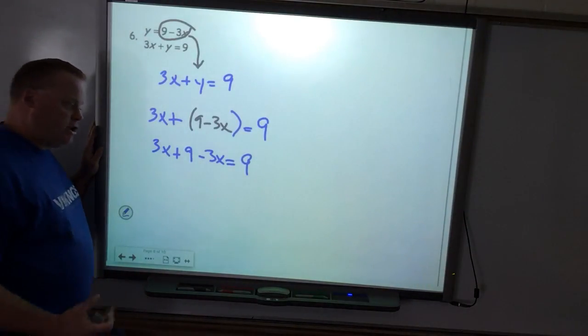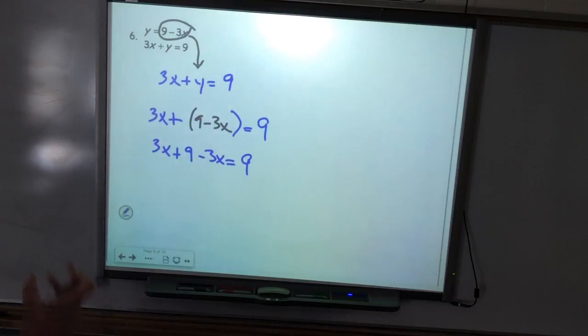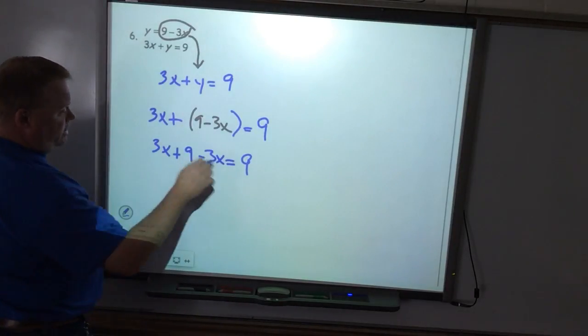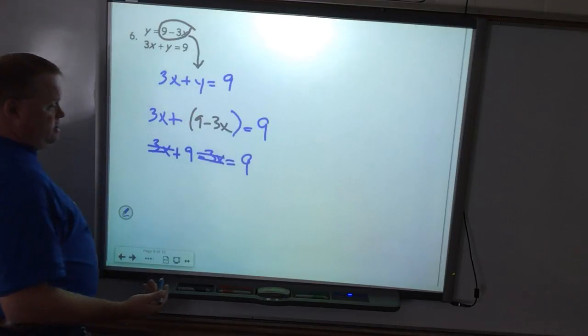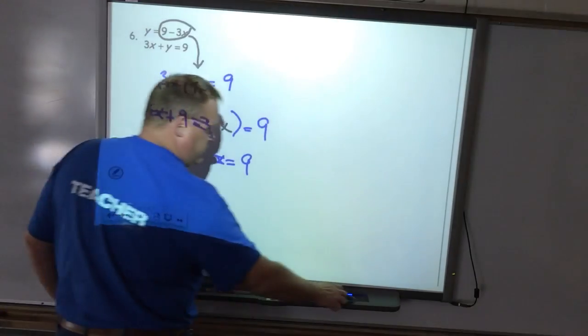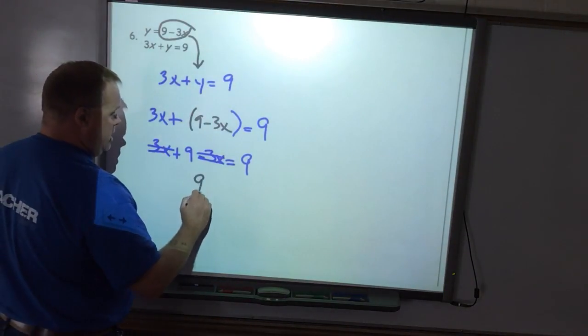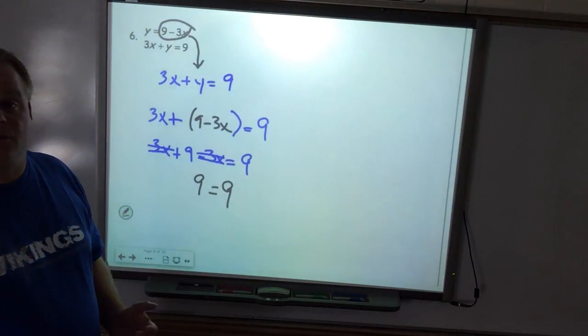Well, once again, I noticed something here. I've got a positive 3x and a negative 3x. They cross out on this side. I can't do anything with those because 3 minus 3 is 0. So what do I have left? 9. What do I have left on the other side? 9. 9 does equal 9.